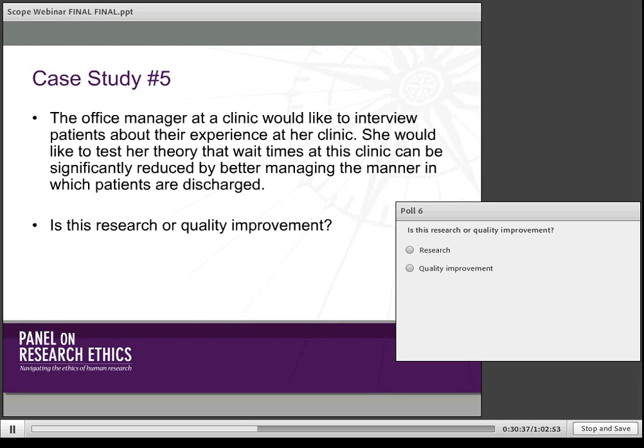I have not opened up the poll publicly yet, but I can see that 50 people have responded so far, and there's quite an imbalance in the results. I'm going to broadcast the results now. About 85% of the people recognize this as quality improvement, and about 15% consider it to be research.